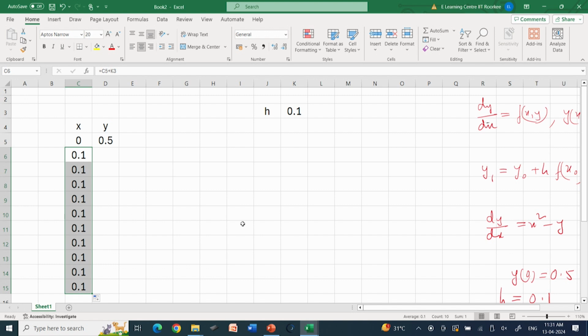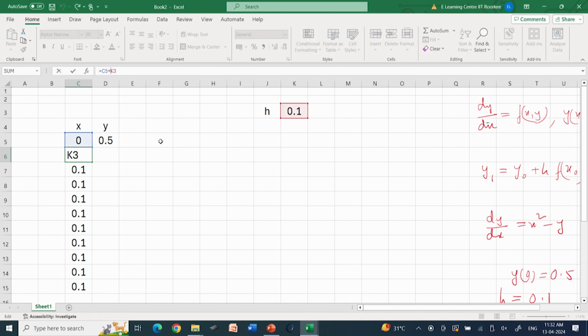So, where is the mistake? The mistake is that when I write this formula, this is C5 plus K3, where K3 is this value. This is supposed to be a constant value. And to make this value constant, in this K3, you have to put a dollar here and a dollar sign here.